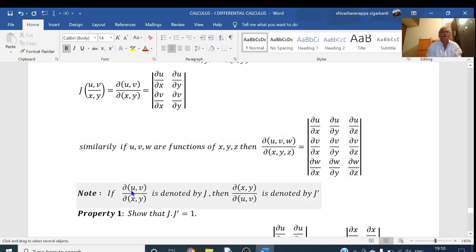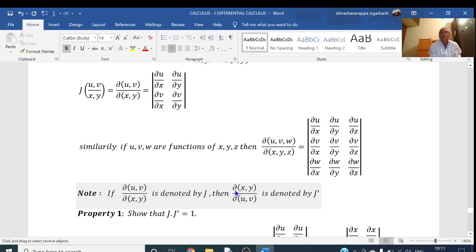Now, suppose u and v are functions of x and y, then we denote ∂(u,v)/∂(x,y) by J. And we know that we can express x and y as functions of u and v. X is a function of u and v, and y is a function of u and v.